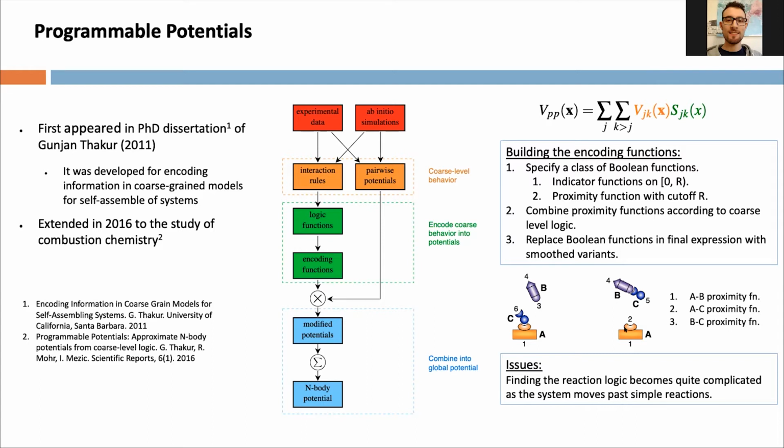So this is quite simple, but the issue is that for anything past a simple system, the reaction logic becomes quite complicated and takes a lot of ingenuity and a lot of man hours to find out for a moderately complicated system.